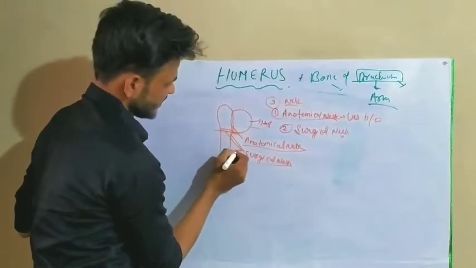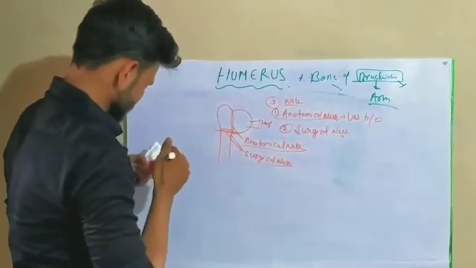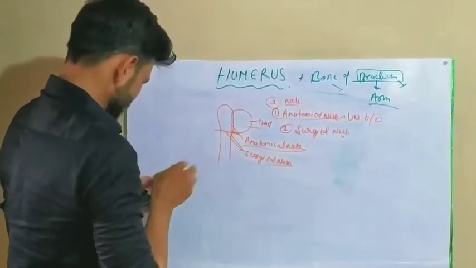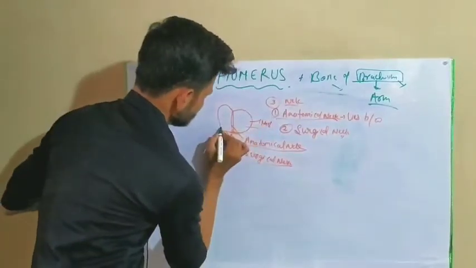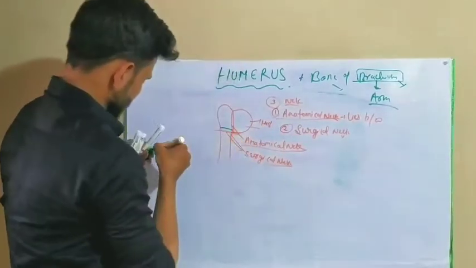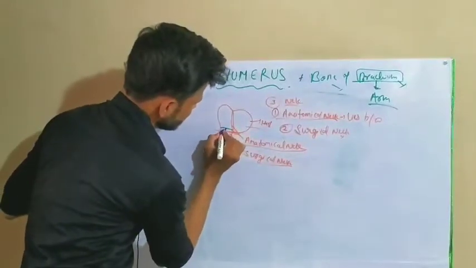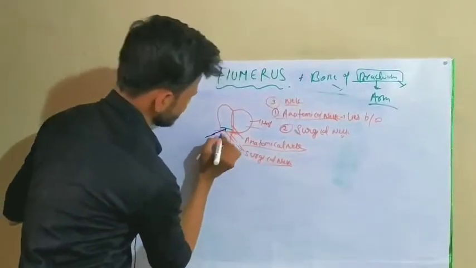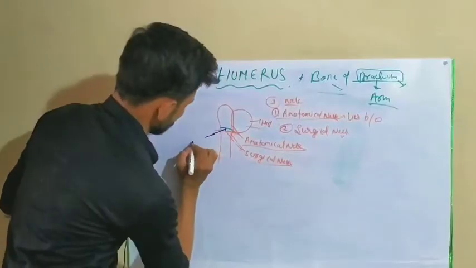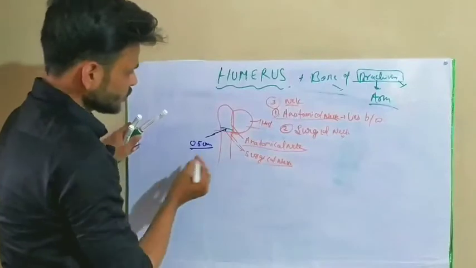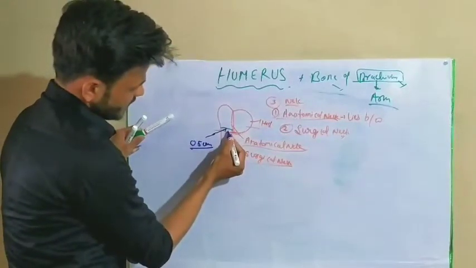This is our surgical neck, and this is the morphological neck; the distance between them is about 0.5 centimeter.